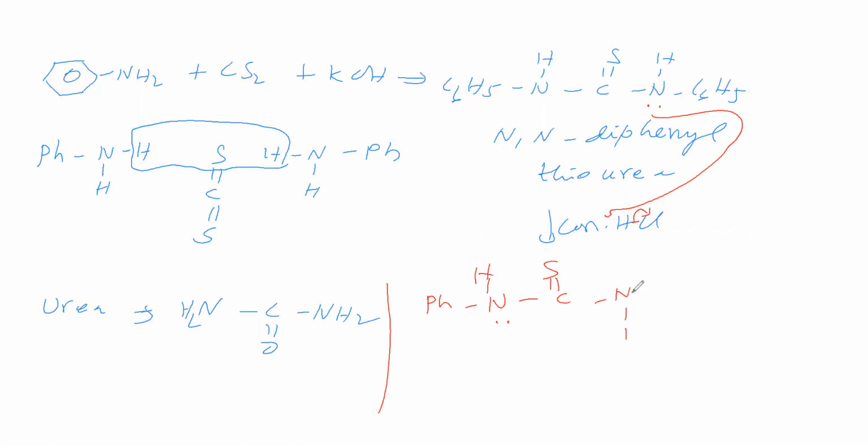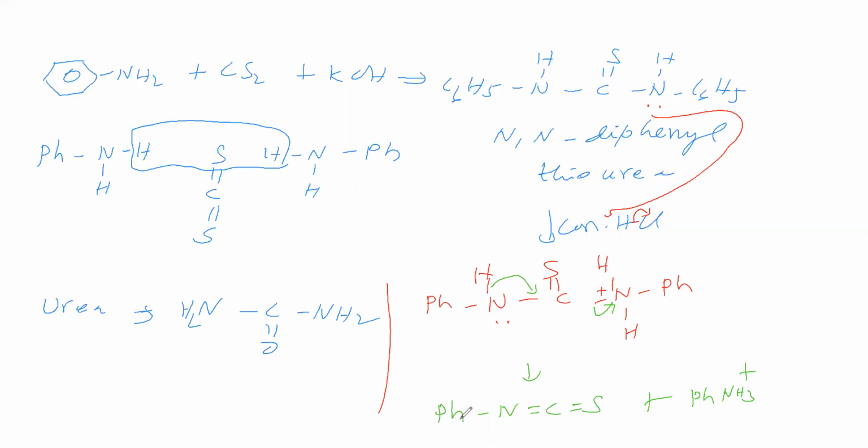Here H plus is attacking, therefore it becomes positively charged, and phenyl. So what is the next step? In the next step, this bond is coming to this place, then this bond is migrating to this place, then we will get PhN=C=S. This H plus attacks this aniline, so we are getting anilinium ion. And so we got isothiocyanate.